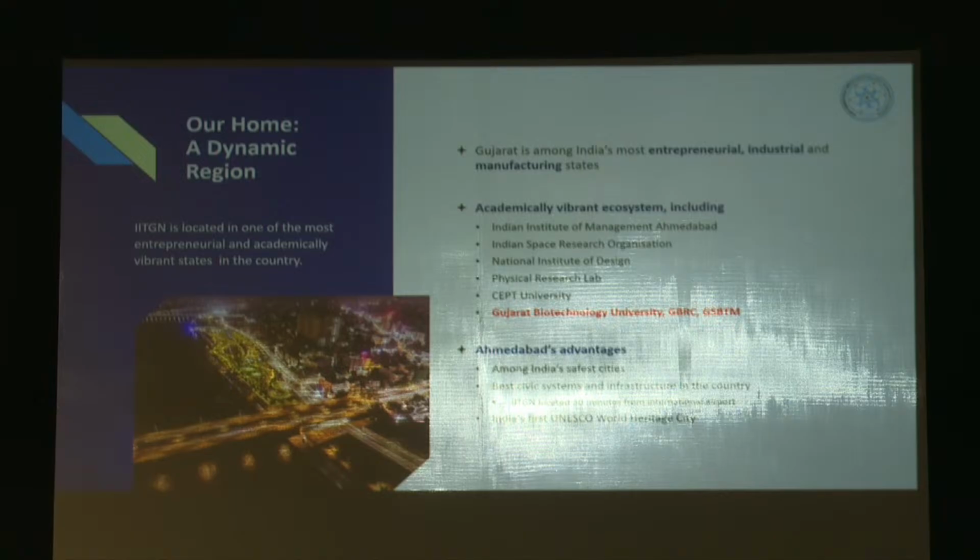It is not just about that, but Gujarat is one of the most entrepreneurial, industrial and manufacturing states. In the Ahmedabad, Gandhinagar area, we have IIM Ahmedabad, which is rank 1 in NIRF, the Indian Space Research Organization, ISRO, National Institute of Design, PRL, CEPT, Gujarat Biotech University, and so forth. Very safe amongst the different cities.